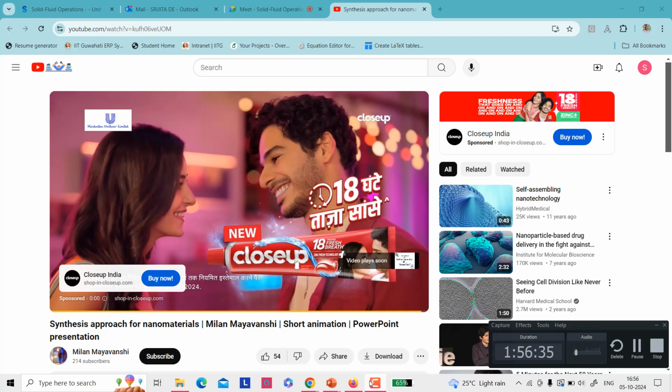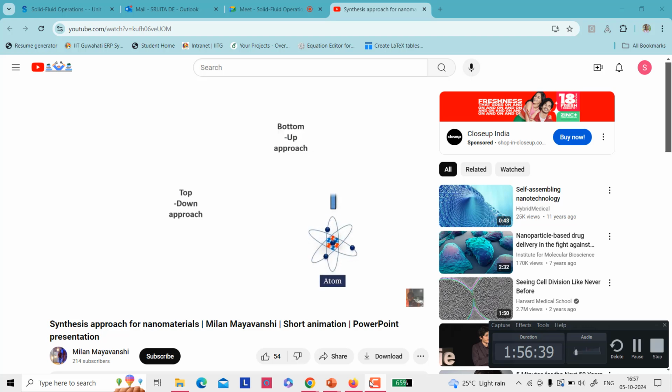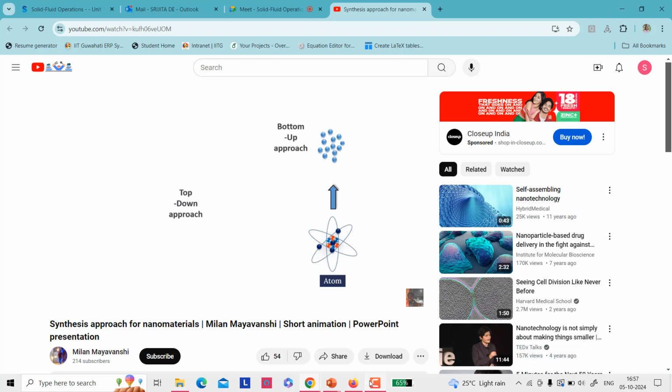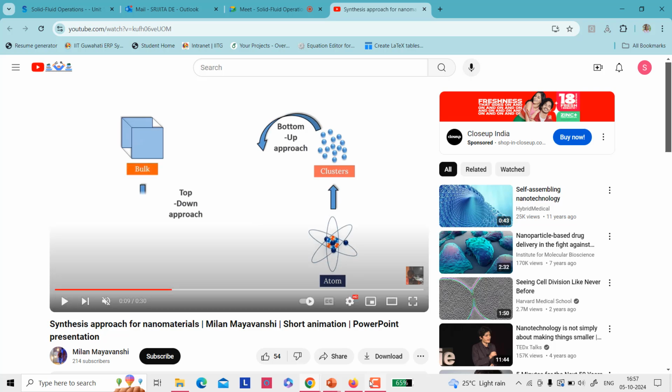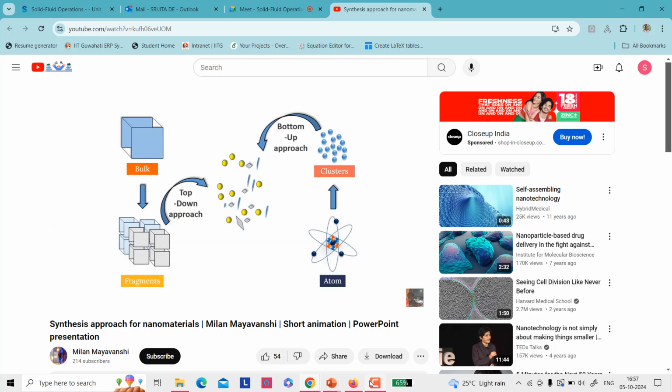Next, how nanoparticles are made physically. Physically, there are processes like the dry synthesis process, where ball milling and the mechanochemical method are used, ball mills are used.